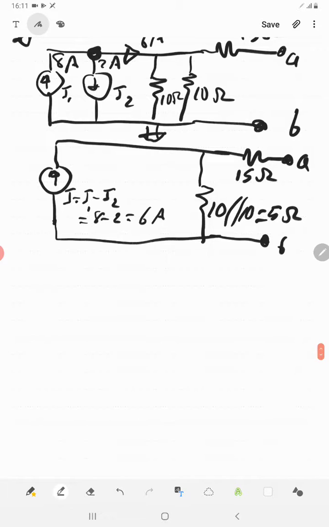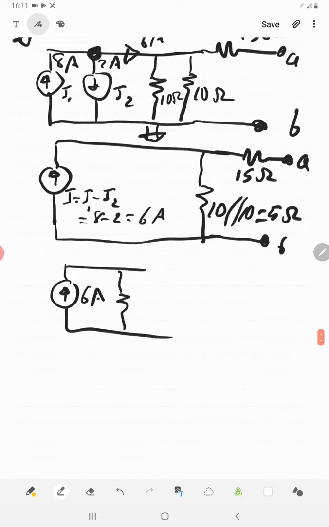Now, what we do, we can convert this six amps here in parallel with this 5 ohms here, and then we have a series of 15 ohms, and this point is these two nodes A and B. So we convert this to a voltage source.